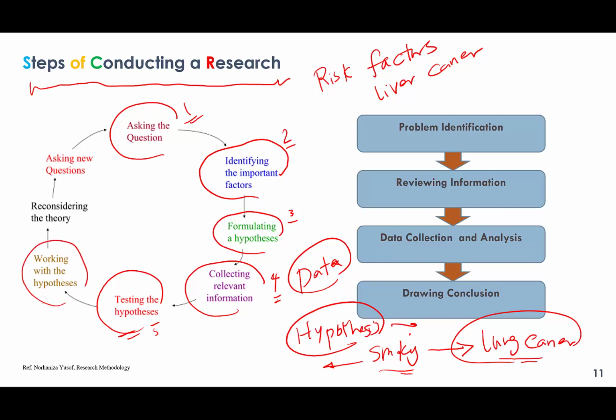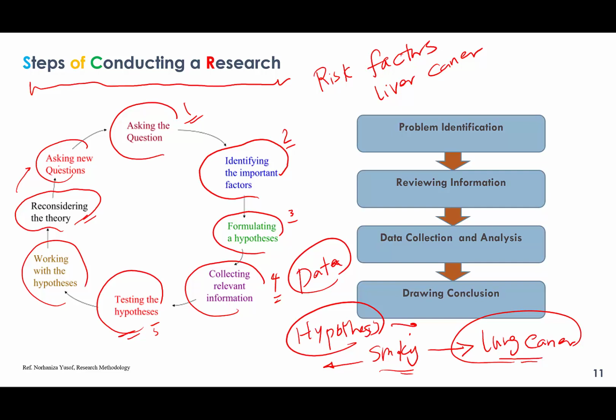Working with the hypothesis, working with different variables, reconsidering the theory. Maybe we should reorganize the theory, or reconsider it, or revise it. Maybe we have some wrong theories, and we should reconsider them, and again ask new questions.